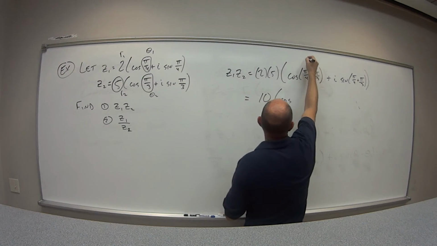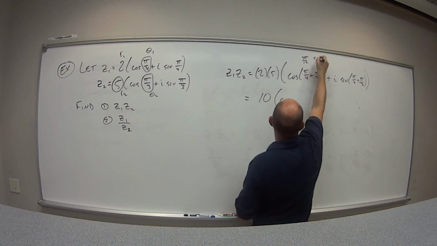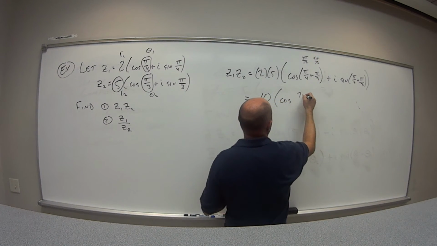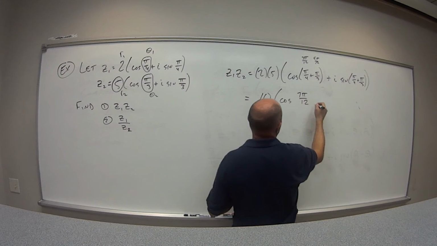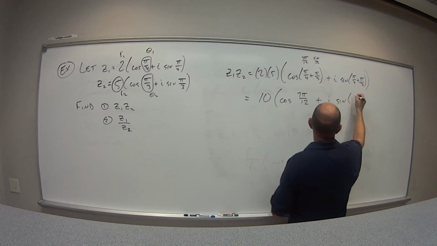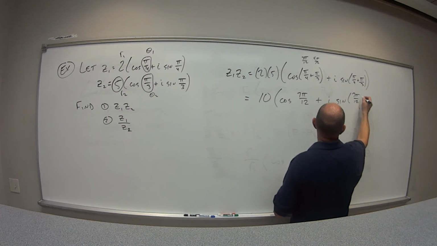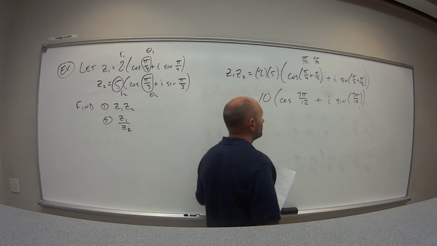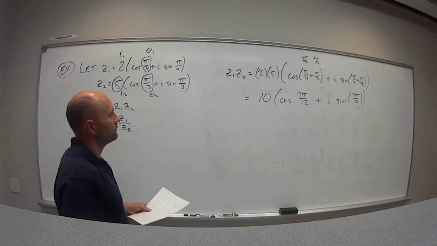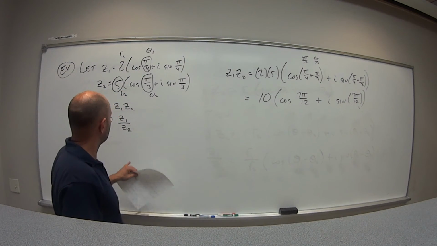For the angles, this is like 3 pi over 12 and 4 pi over 12. If we add them together, that gives us 7 pi over 12, plus I sine, same thing, 7 pi over 12. So that would be our product, Z1 times Z2.